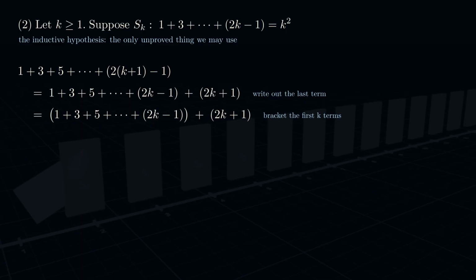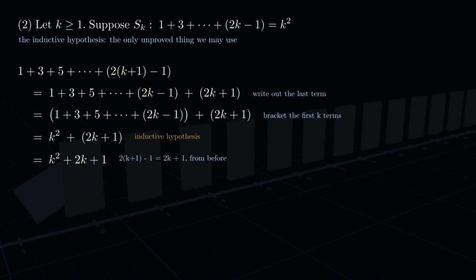Why do that? Look at what is inside the brackets. It is exactly the left side of Sk, and the inductive hypothesis tells us what that equals, k squared. So replace the bracket by k squared. This is the one moment the hypothesis is used, and it is used the way every inductive hypothesis is ever used. You find the previous case hiding inside the current one, and you cash it in.